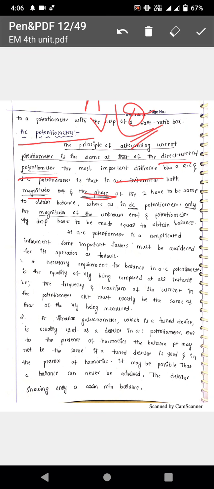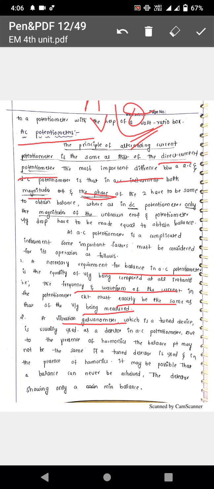The AC potentiometer is a complicated instrument because of its operation. A necessary requirement for balance of the AC potentiometer is very difficult. The vibrational galvanometer we have to use. The frequency of the waveform of the current in the potentiometer circuit must be exactly the same as that of the voltage being measured.